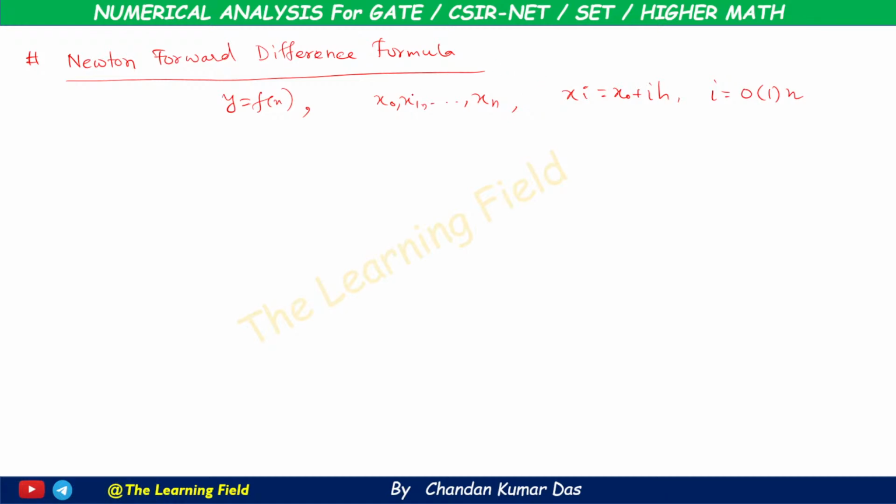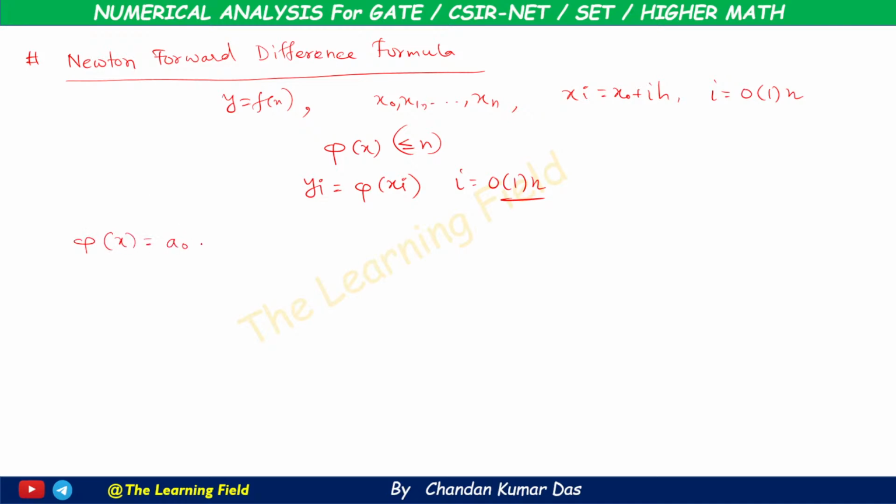So if it is required to construct a polynomial phi(x) of degree less than or equal to n, satisfying the conditions yi equal to phi(xi) for i equal to 0, 1 to n, we know the general expression for phi, as in the case of the Lagrange interpolation formula.